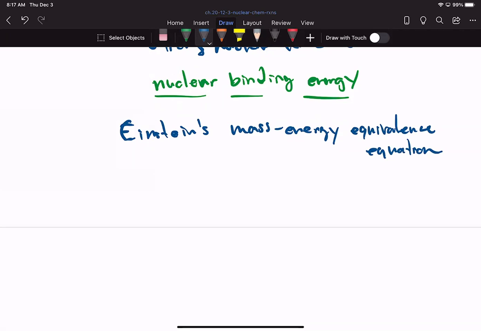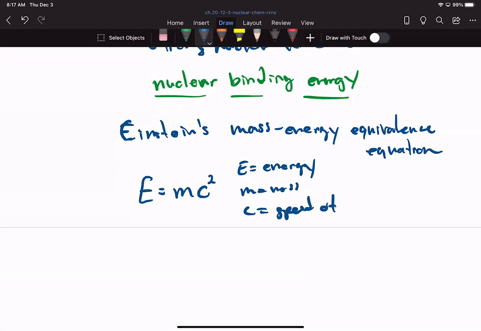If you've watched Big Bang enough, E equals mc squared, the mass-energy equivalence equation, where E is equal to energy, our binding energy, M is equal to mass, and C is equal to the speed of light. For the speed of light, we're going to use 3.00 times 10 to the 8th meters per second.